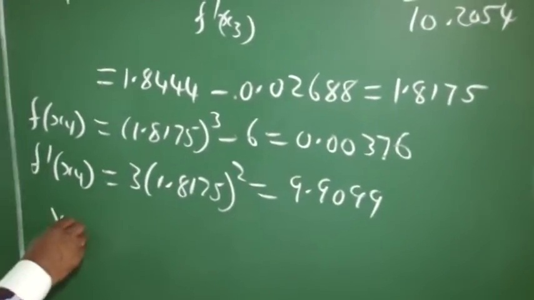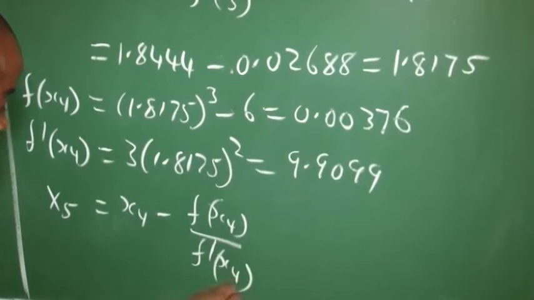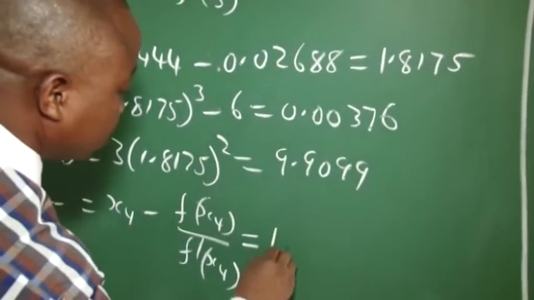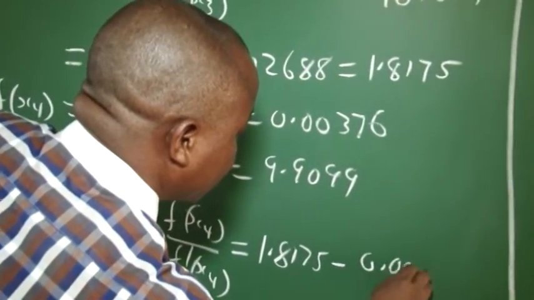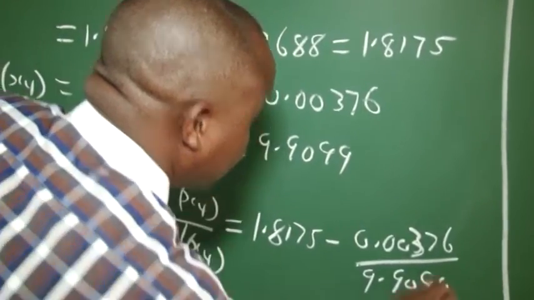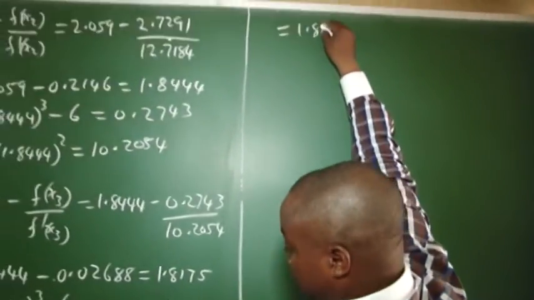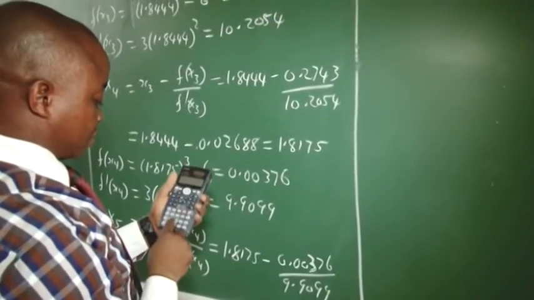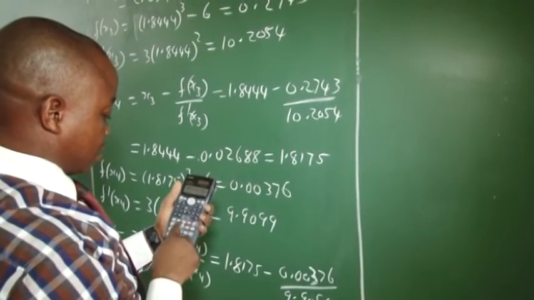So x5 equals x4 minus f of x4 over f prime of x4, which is 1.8175 minus 0.00376 divided by 9.9099.